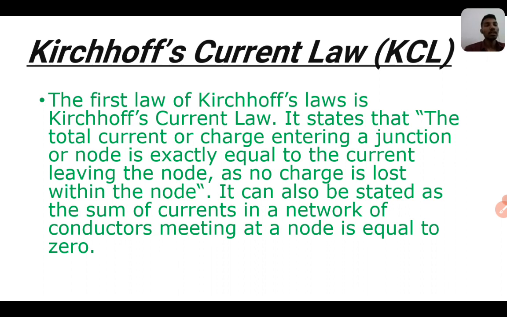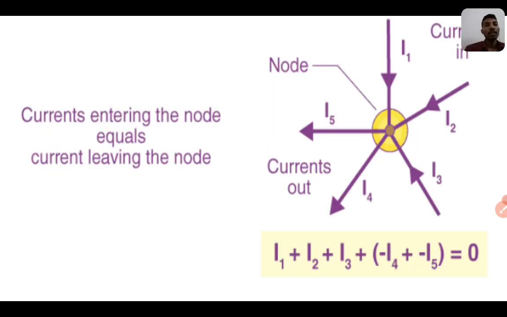It can also be stated as the sum of the currents in the network of conductors meeting at a node is equal to 0. That is, the current entering the node is equal to the current leaving the node. The node is also called a junction. The junction of two or more branches is called a node.